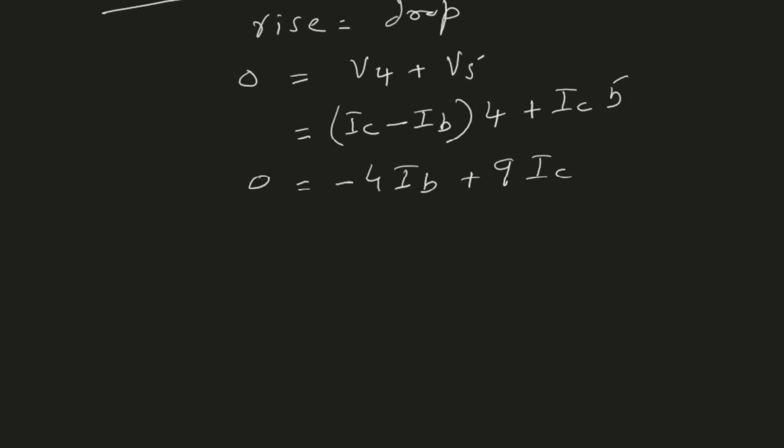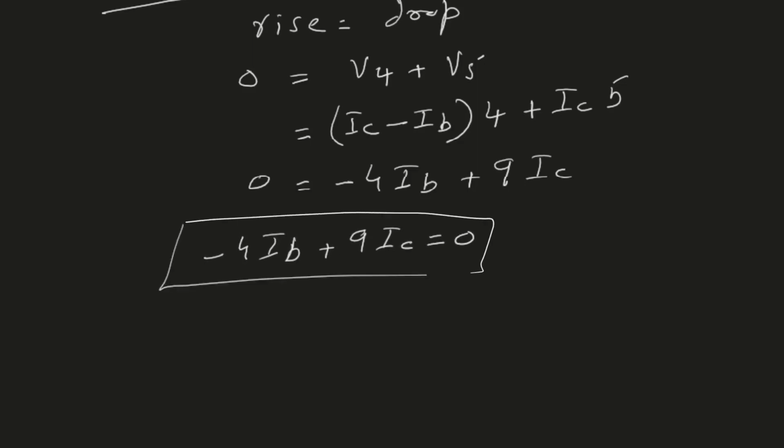So this is my third equation. Let me write it in this way: negative 4 IB plus 9 IC equals 0. And this is my third equation. So now I have three equations and three unknowns. The three unknowns are IA, IB, and IC.